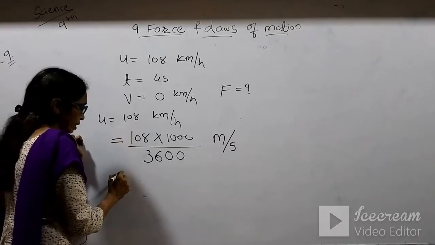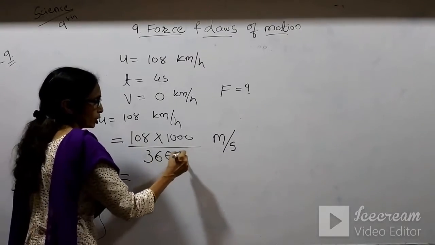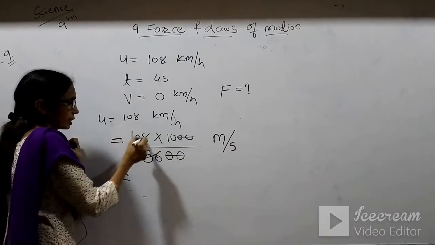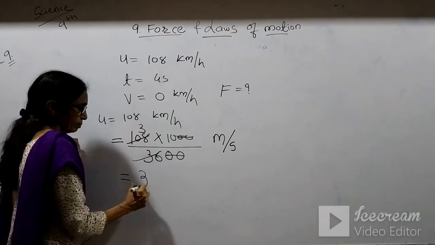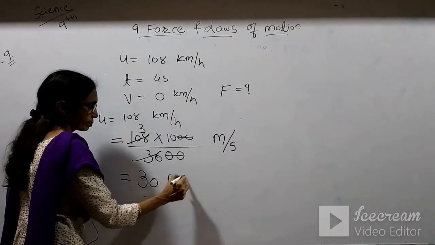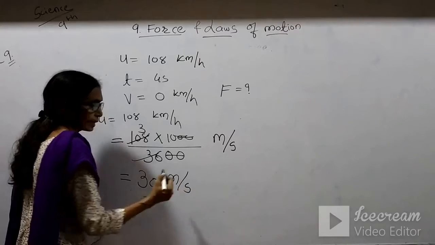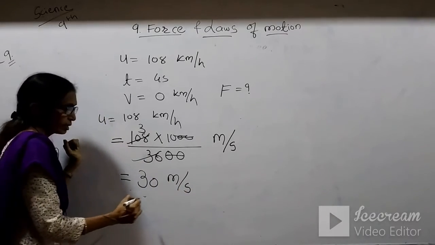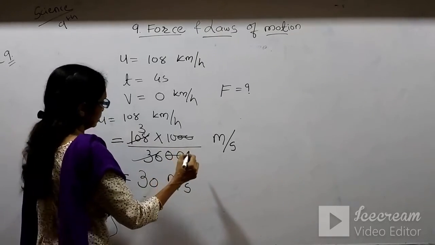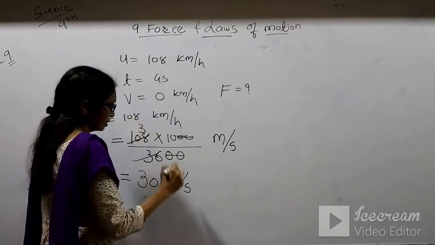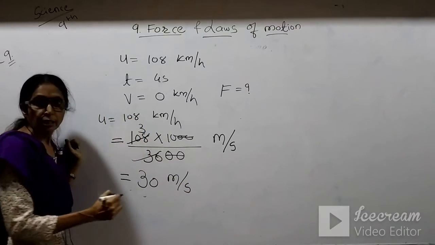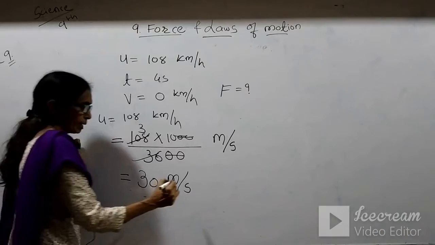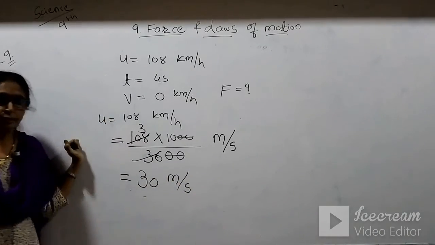Here we have directly done 108 into 5 upon 18, which is 30 meter per second, or we can write 30 m/s, or m s^-1. Okay, students?